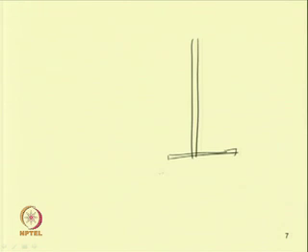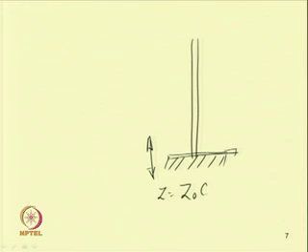Today we will study a parametrically excited system, which we already know. We can take a cantilever beam, and the base of this cantilever beam is excited, moving up and down with a periodic force Z equal to Z0 cos omega t.